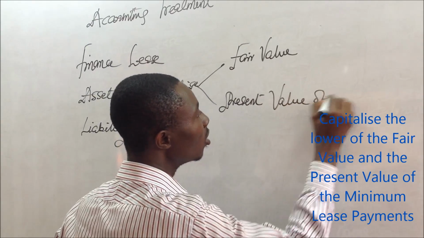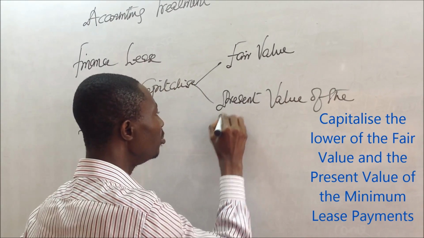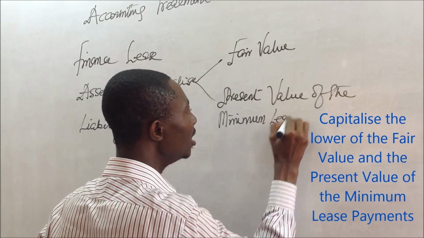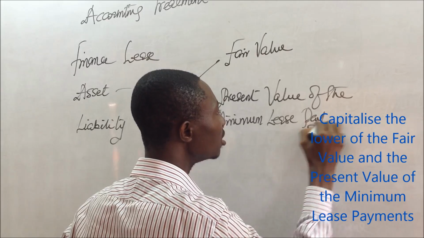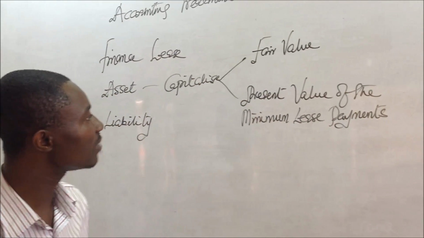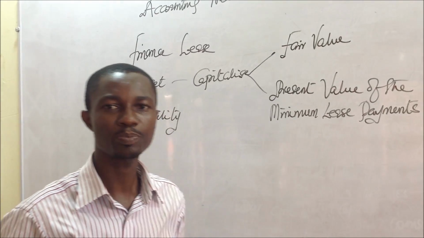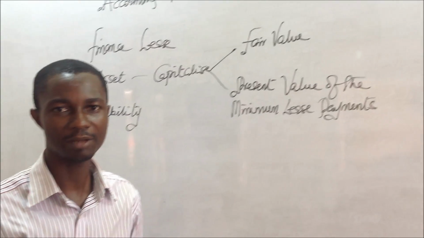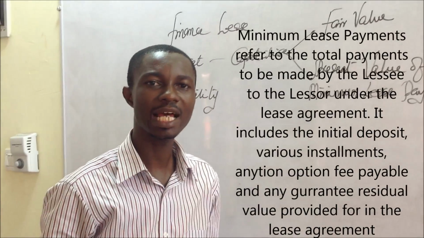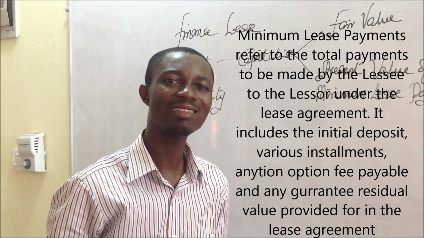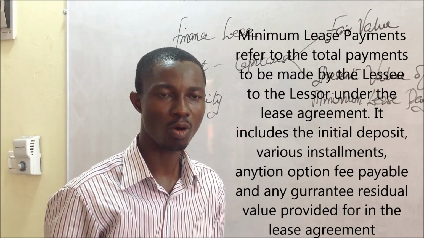Then we'd also have to calculate what we call the present value of the minimum lease payments. In our previous tutorials, we saw what the minimum lease payments are. Now, the minimum lease payment basically represents the total sum that the lessee will be paying under the lease agreement to the lessor.